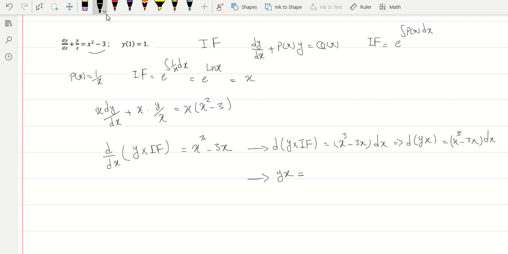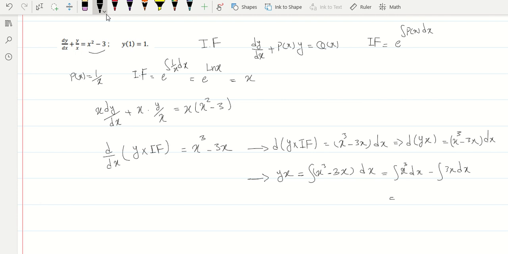And what we should do now is take the integral of x cubed minus 3x dx, right? In order to do so, I can actually separate the values in here and write this as x cubed dx minus 3x dx.